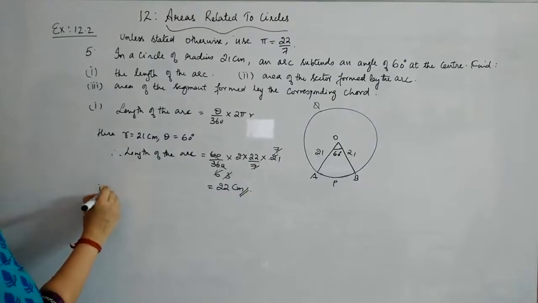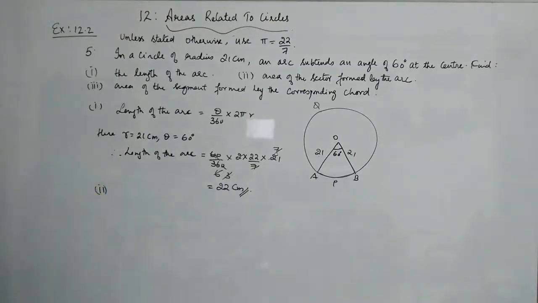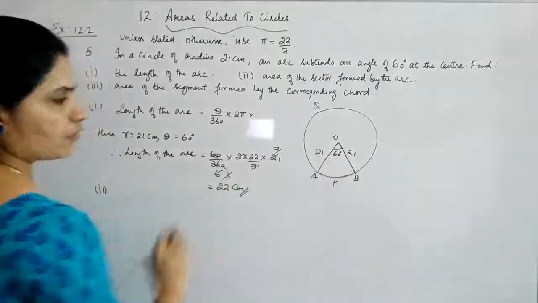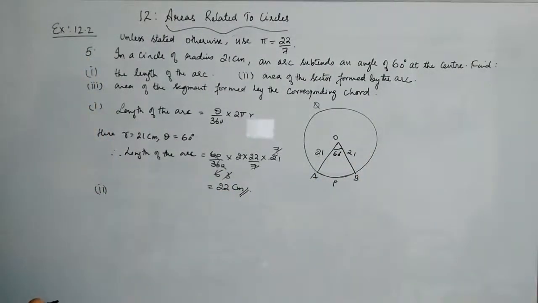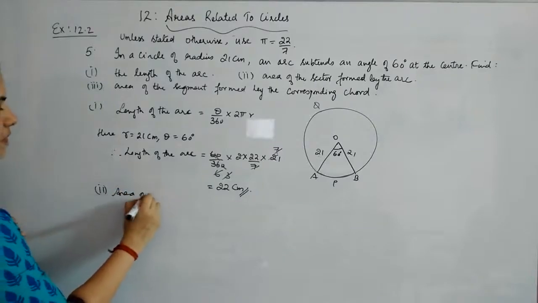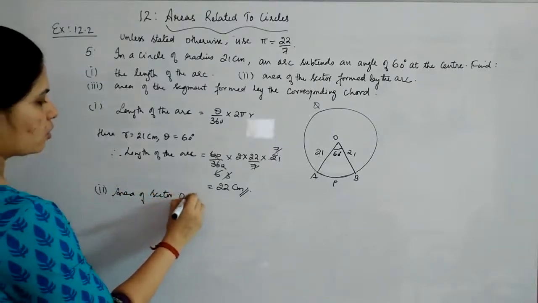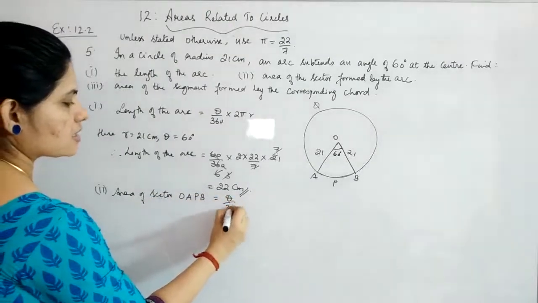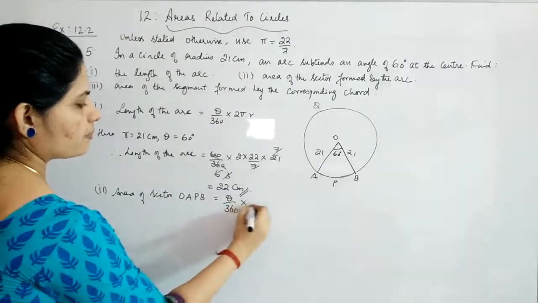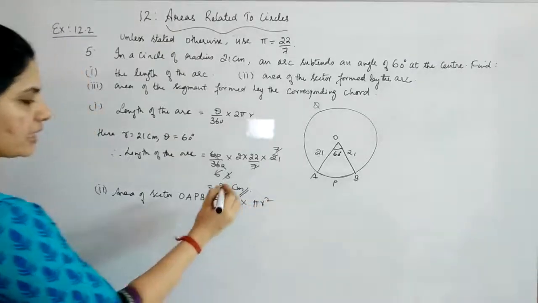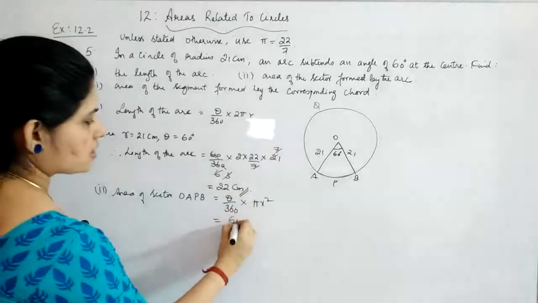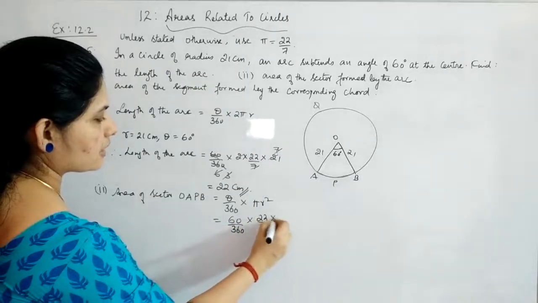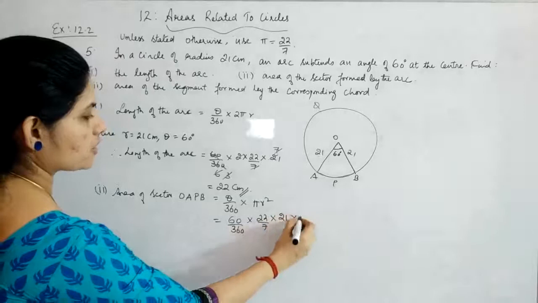Next is the area of the sector formed by the arc. So this arc is forming the area, that means this sector you have to find out. Okay, OAPB, area of sector OAPB. And what is the formula again? Theta by 360 into pi r square. Again replacing, you will get 60 by 360 into 22 by 7 into 21 square, which is 21 into 21.